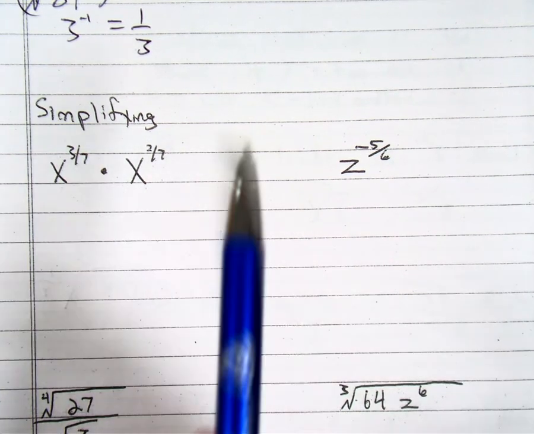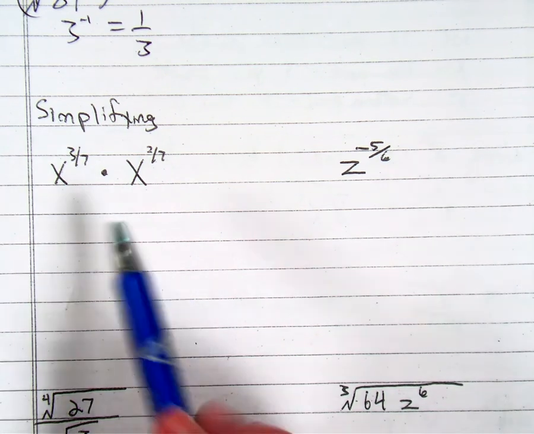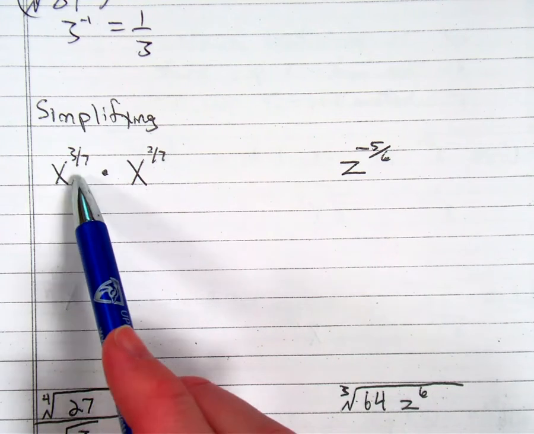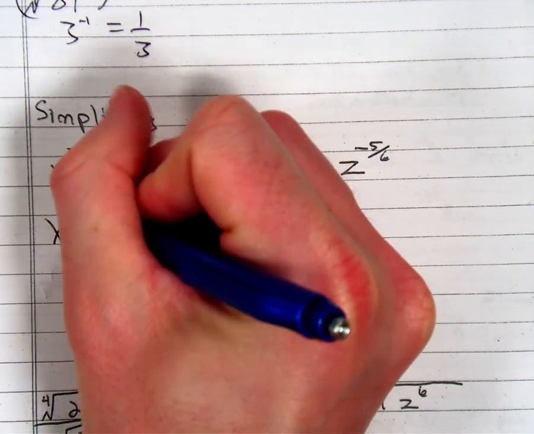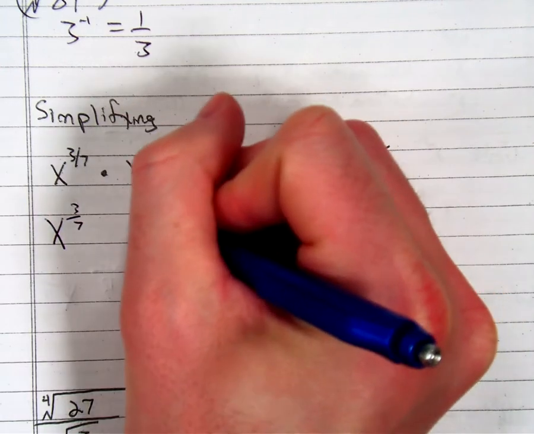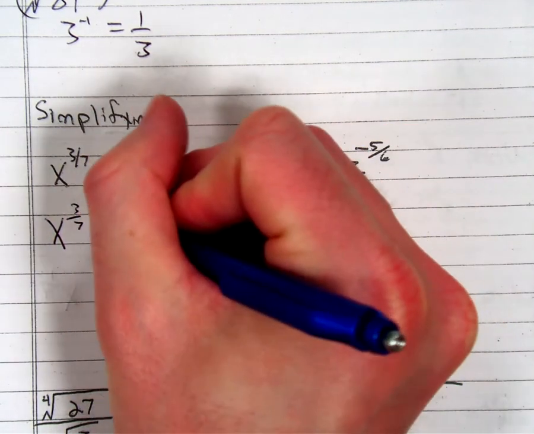You might have to do some math to get a common denominator. Little grade school math there for you, adding fractions. Okay? X to the 3/7 times x to the 2/7. We're going to add our exponents. When we're multiplying numbers, we get to add the exponents.